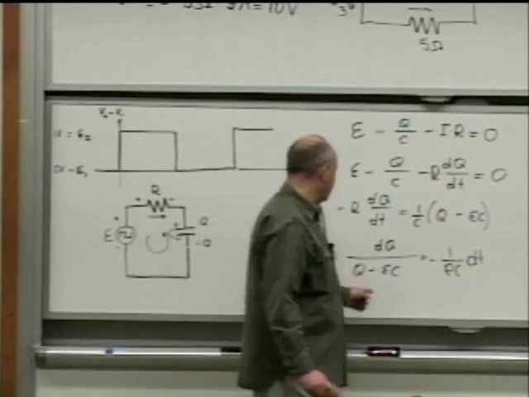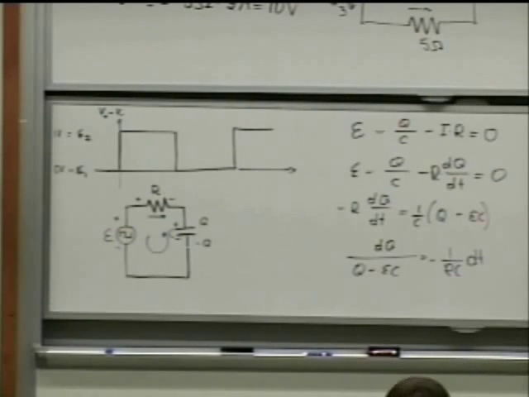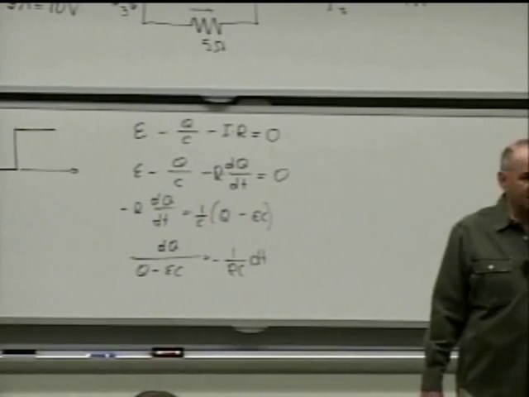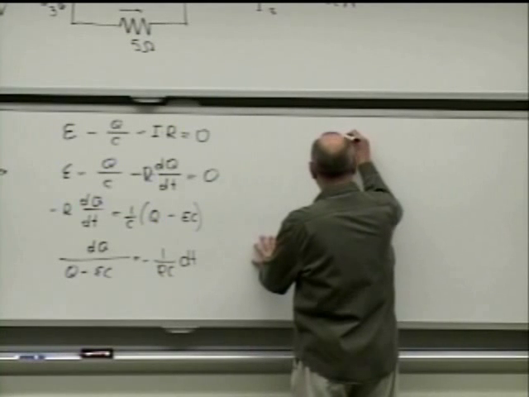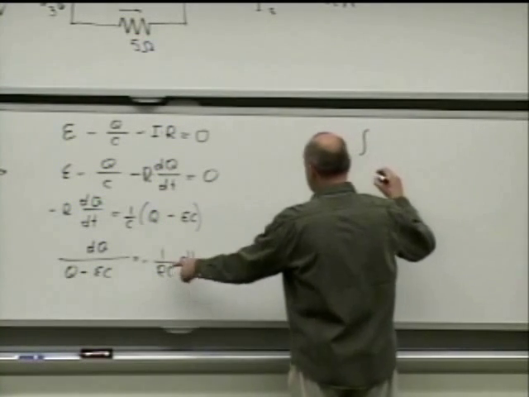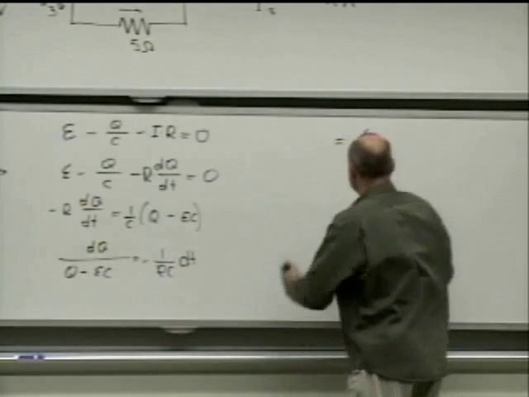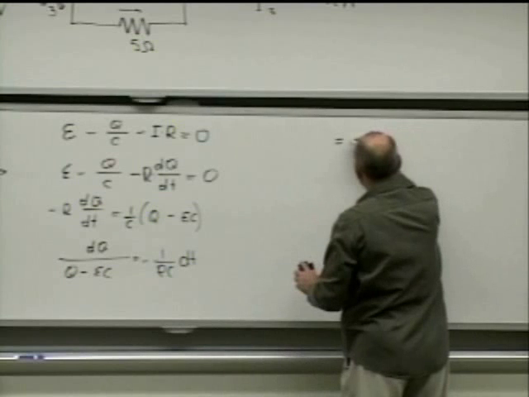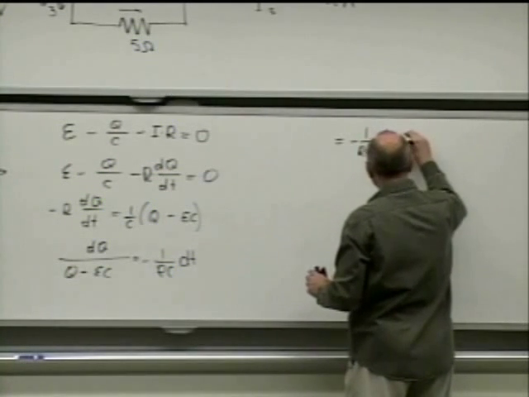All right. So we have separated variables. We have charge on one side, time on the other side. Now what we have to do is to integrate both sides in corresponding limits. On the right-hand side I will have, and minus 1 over RC is a constant, so I can have it in front of the integral of dt.